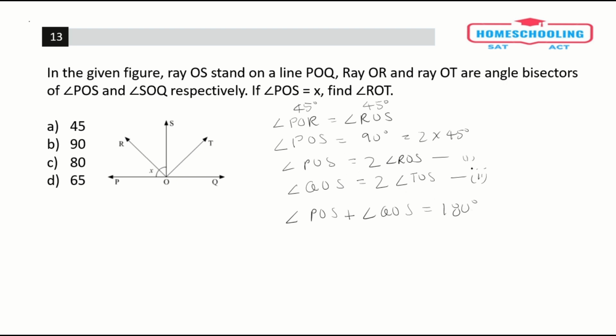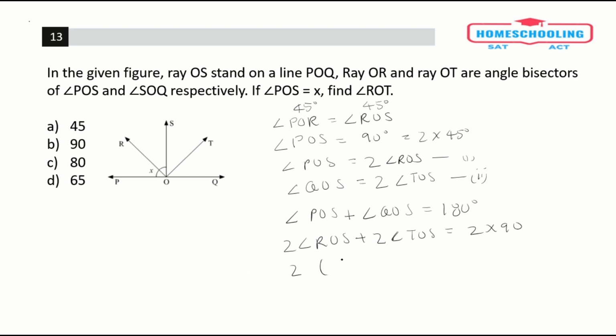So from equation 1 we can write angle POS is equal to twice angle ROS, and from equation 2 we can write angle QOS is equal to twice angle TOS, and we can also write this as 2 into 90 degrees.